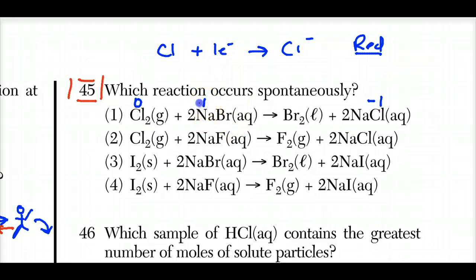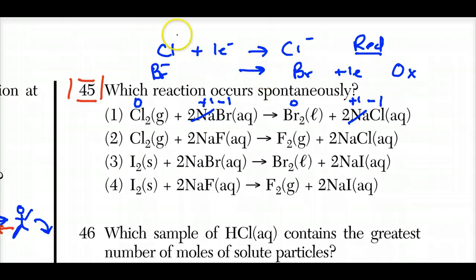Sodium is +1 on both sides, so it doesn't partake in the redox reaction. It's a spectator. Bromide is -1, because if sodium's +1, bromide's -1, and if bromine is by itself, it's 0. So Br negative is becoming Br0 when it loses an electron, and this is oxidation. If this is spontaneous, I would need the chlorine to be above the bromide, because chlorine is the one who reduces.